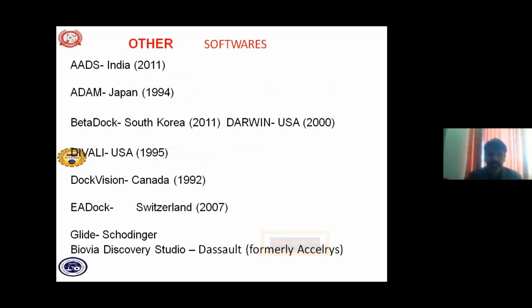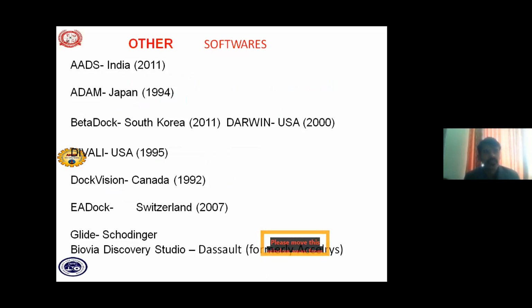Other softwares are also available. One is called AADS, and it's from India. Dr. Jayaram, who is working at IIT, Professor Jayaram, is a well-known computational biologist in India, and he was the person who came up with a proposal called Open Source Drug Discovery.